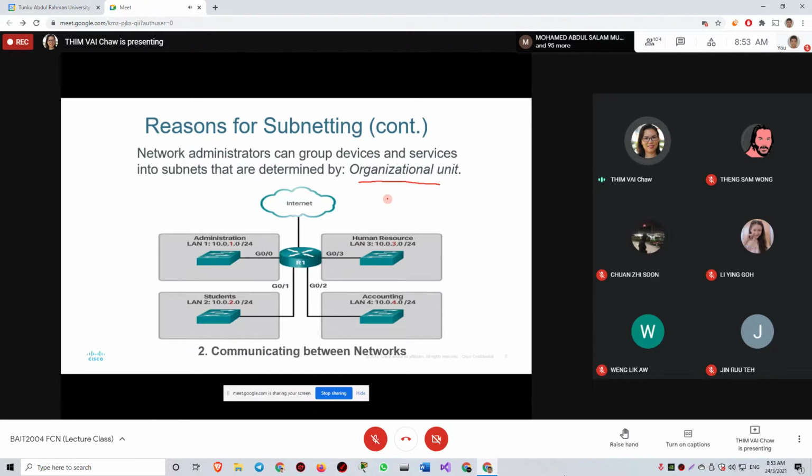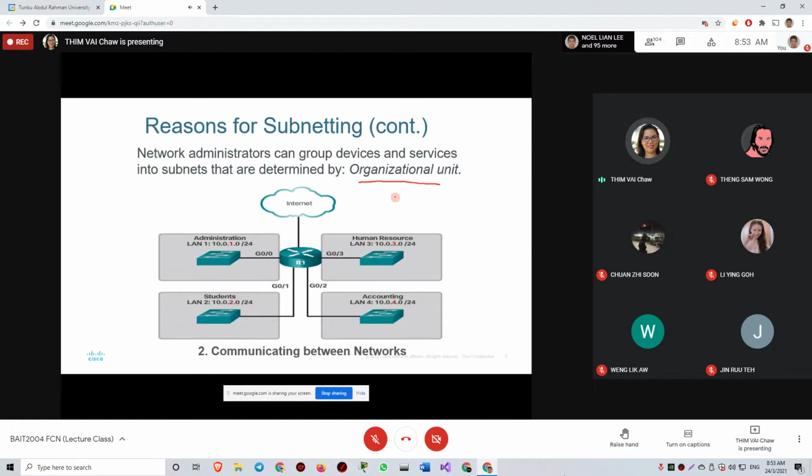Sometimes in building one and building two, there are staff of the same department in both buildings. This can happen also. Just like in TAR, we have a student affair department.